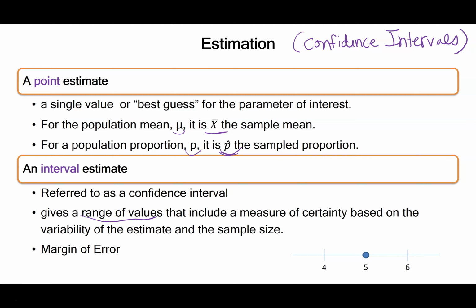Versus if you gave a range of values, we think it's from 78 to 81. That's a way more likely to be correct statement. That's the idea here. So we get a range of values with some degree of uncertainty. So this margin of error, it's your point estimate plus or minus this margin of error. So maybe it's 78 plus or minus 3 points. That kind of idea. My margin of error would be 3.